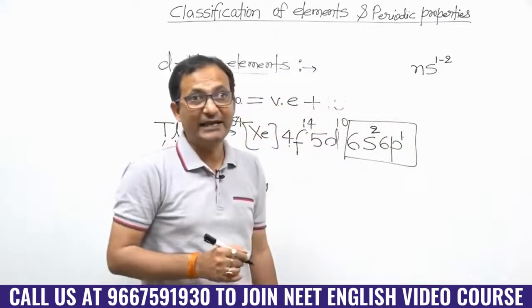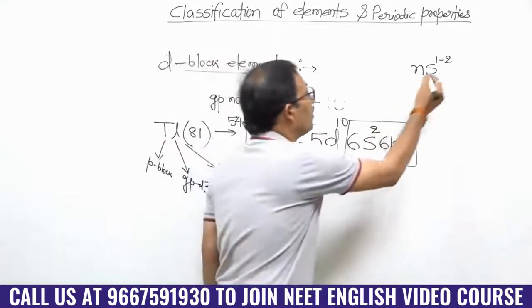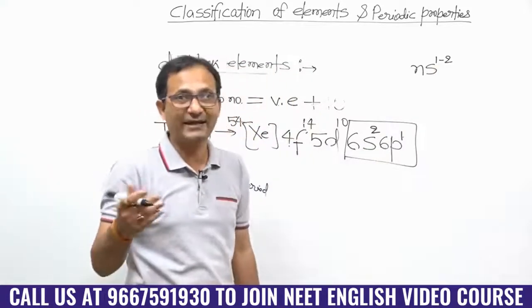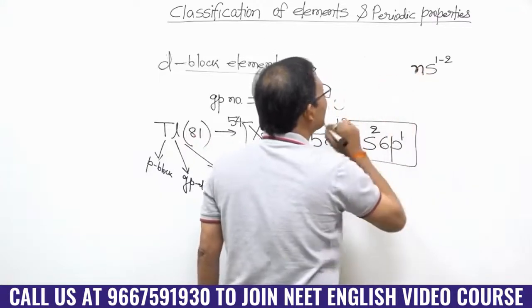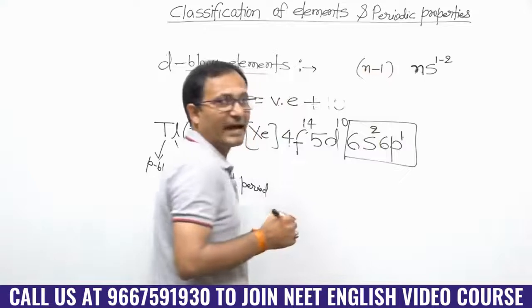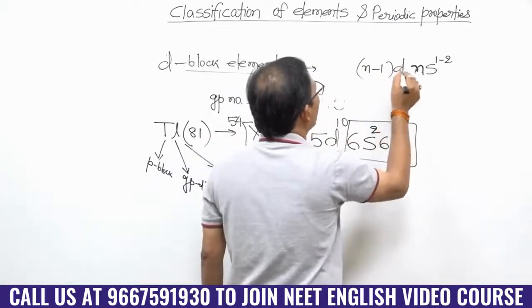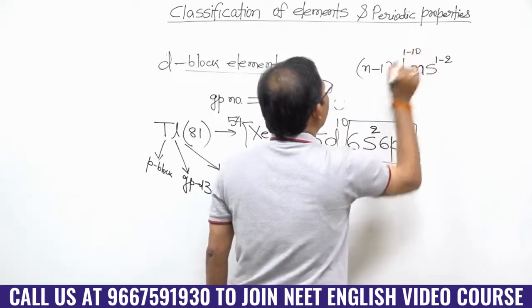But there is one element named palladium which has no s electron in outermost shell. Now if outermost shell is n, so the penultimate shell will be n minus 1, in which d subshell may get electron and d can have electrons 1 to 10.